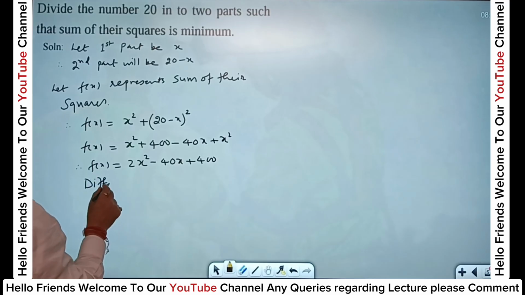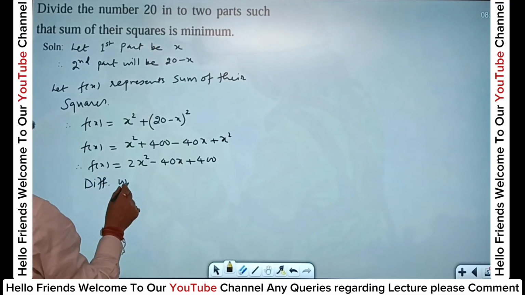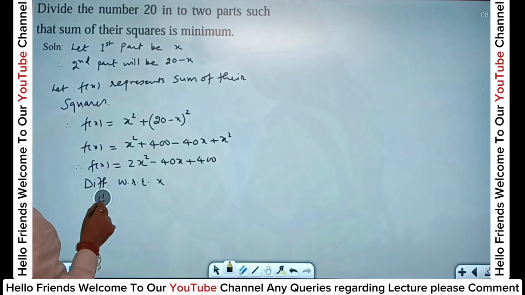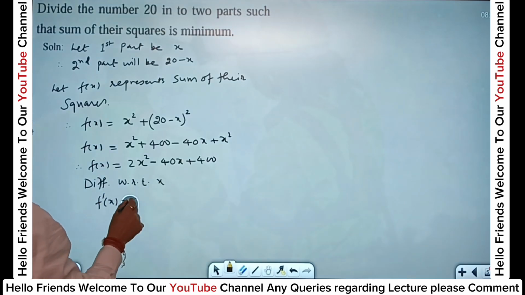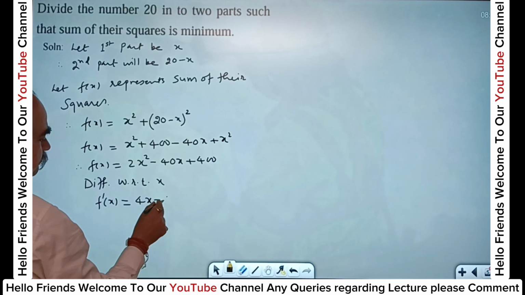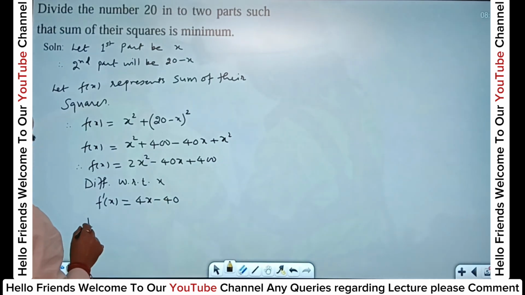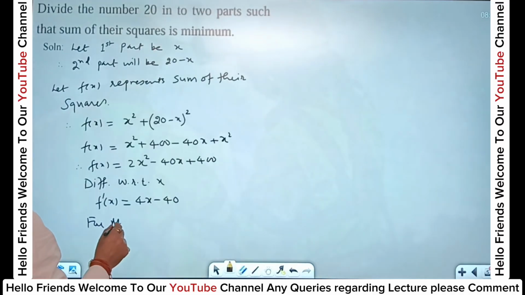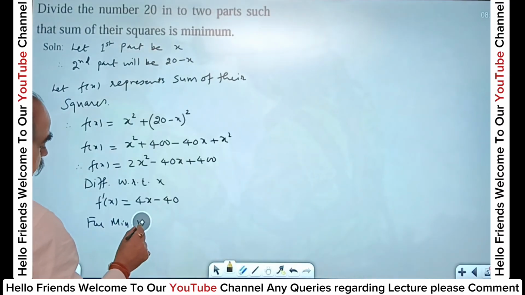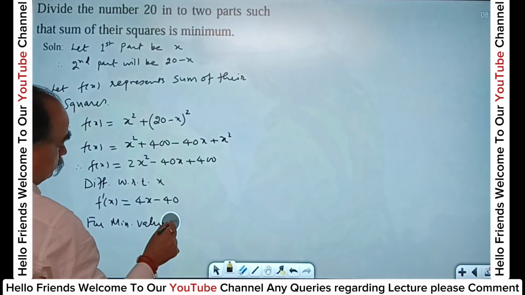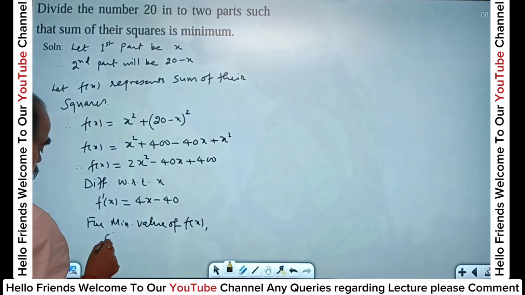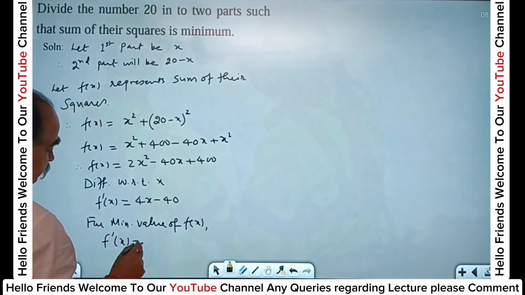Differentiating with respect to x, f dash x is 4x minus 40. For minimum value of f(x), f dash x is 0.